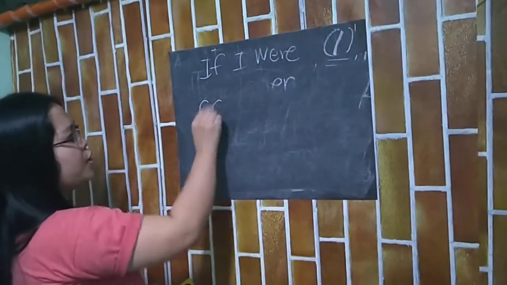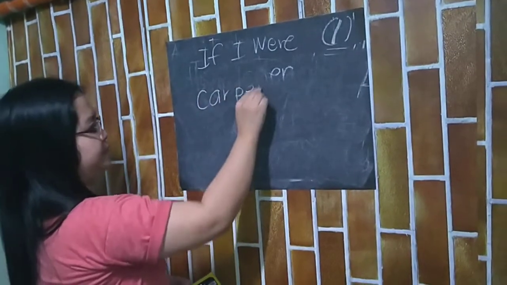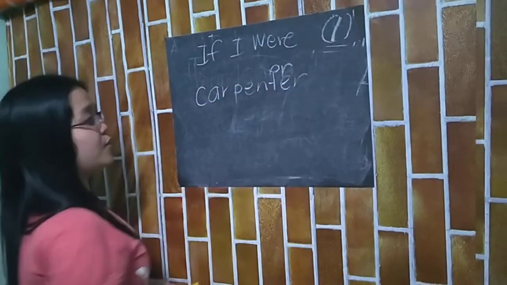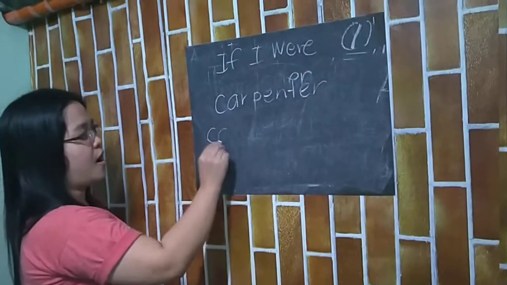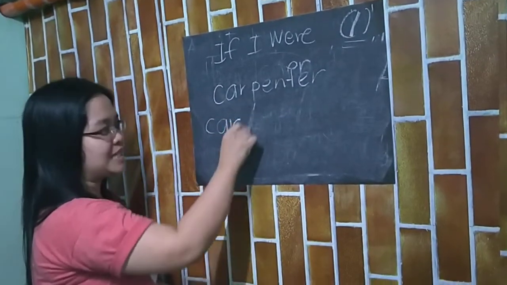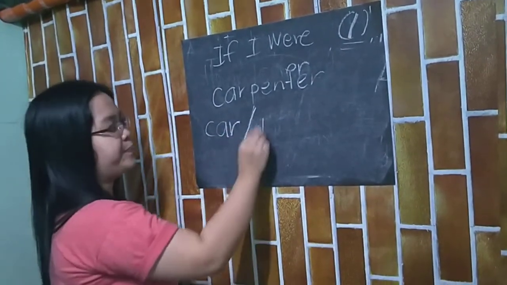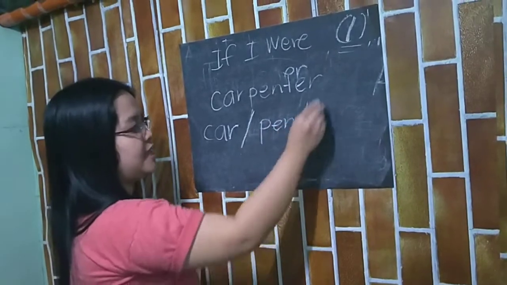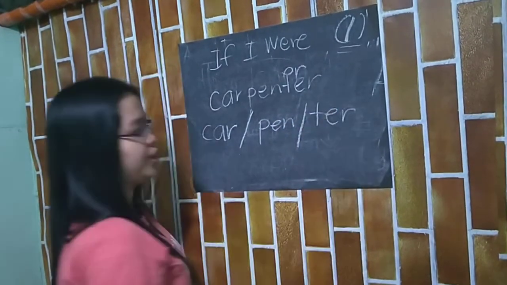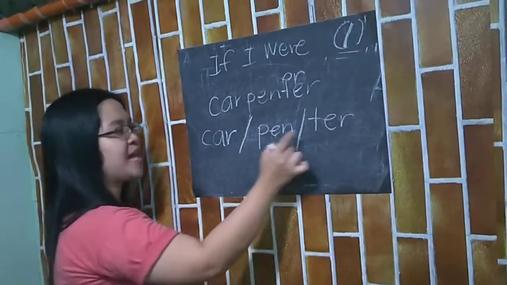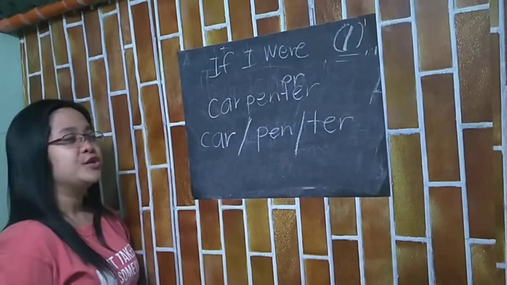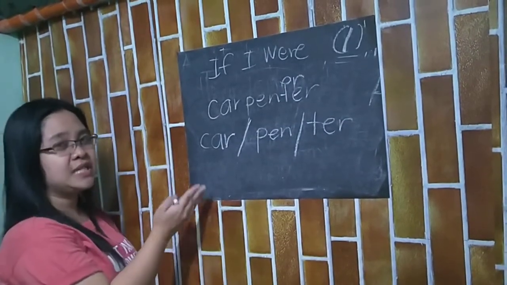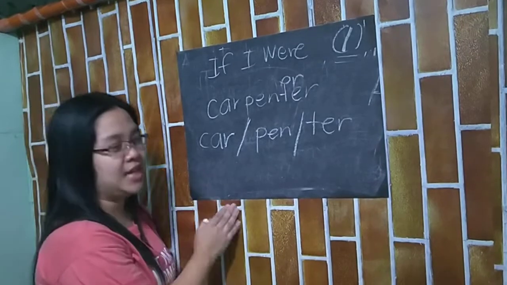Okay? Now let me show you another example. How about the word carpenter? So what are the syllables there? So we have car, then put a slash, pen, and then ter. Okay? Carpenter. So as you can see, how many syllables do we have? 3. Very good.